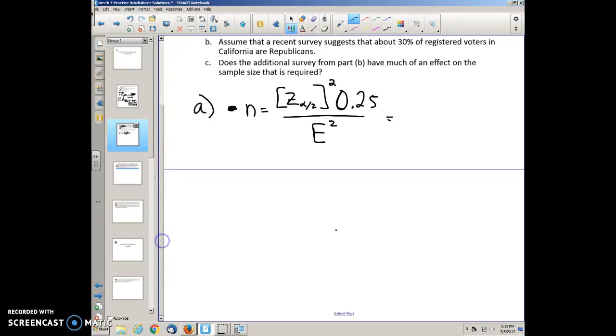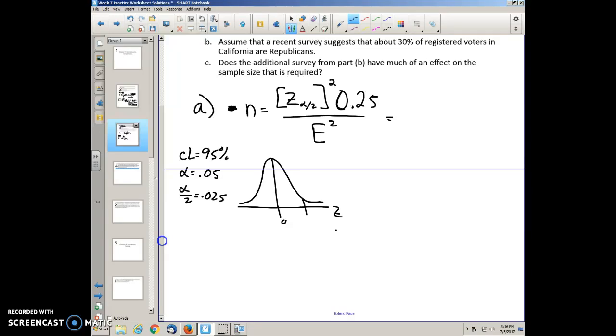But we need the confidence level in order to figure out our Z sub alpha over 2. So it says a 95% confidence level. That means alpha is 0.05, and that means alpha over 2 is 0.025. So looking at a Z distribution with 0 in the middle, Z sub alpha over 2 would be right here. The area to the right is alpha over 2, or 0.025, meaning the area to the left is 1 minus 0.025, or 0.9750.